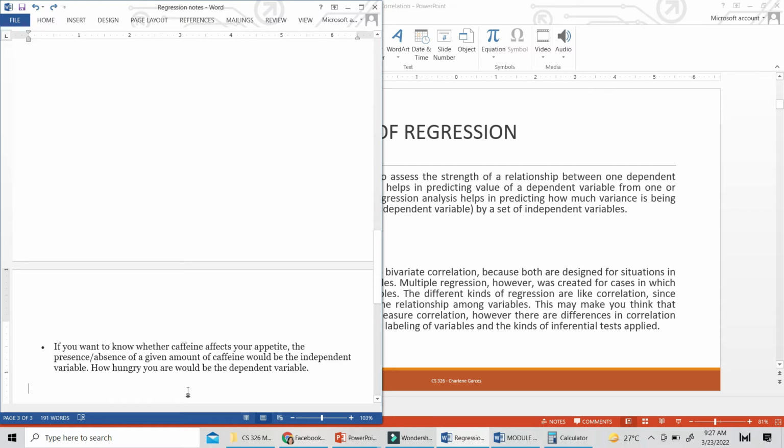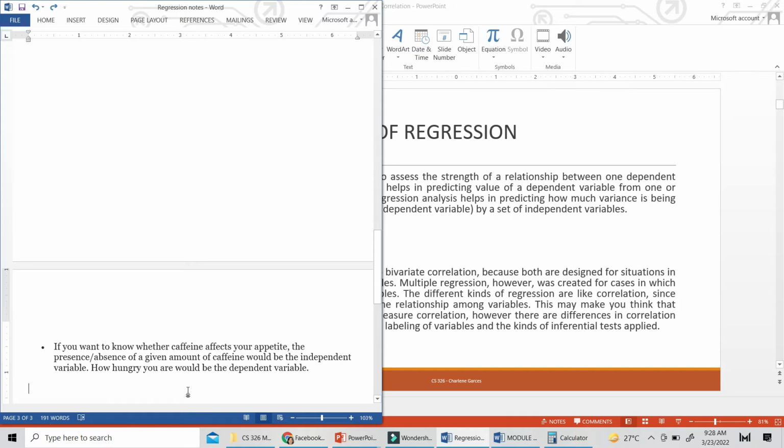So if you want to know whether ang kape or any drinks or food that has caffeine on it, makaapekto siya sa imong paggana sa kaon. Okay? So, ang presence, it's either sige kag kaon or absence of amount of caffeine or wala ka ni kaon, that will be your independent variable.